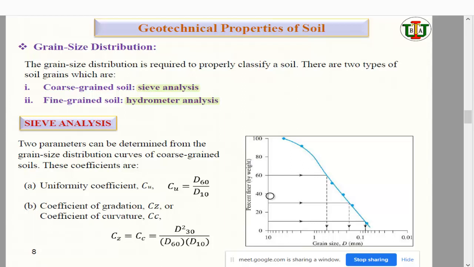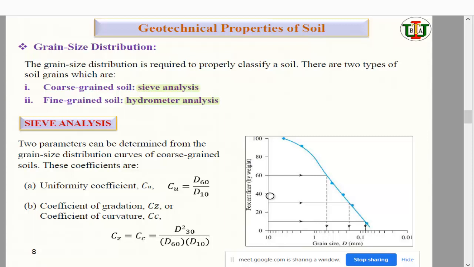So what is the use of finding the maximum particle size and average particle size? Because of soil compaction, how the soil will be compacted, and with the hydrometer test we find how much dust and other materials are included in the soil. That's why we do the hydrometer test.